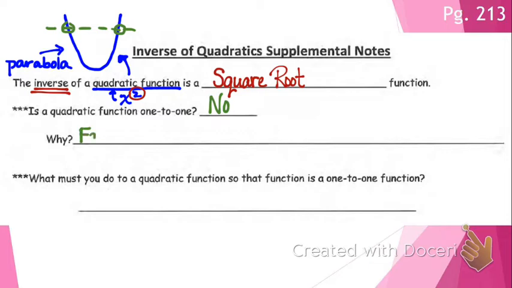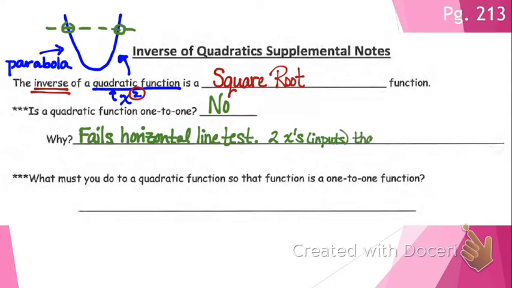It fails the horizontal line test. That means that there are at least two x's, or inputs, that have the same y, the same height, the same outputs.